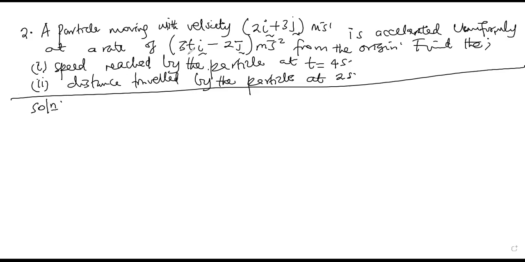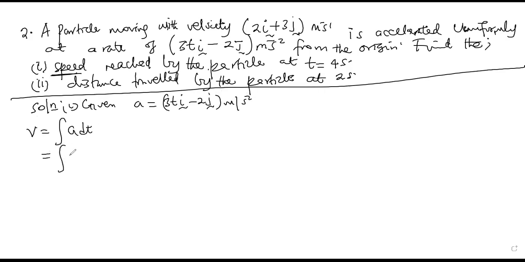So we have been given acceleration. With acceleration, we can get velocity, the speed. This is Roman 1, we are given acceleration as 3ti minus 2j meters per second squared. So we need speed. We know that velocity is equal to the integral of acceleration dt.